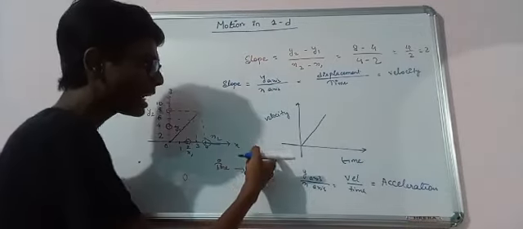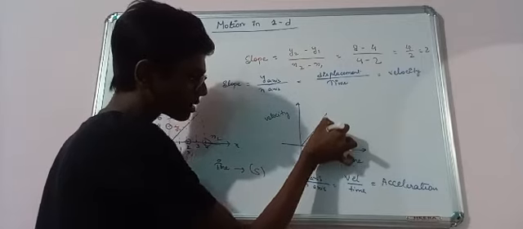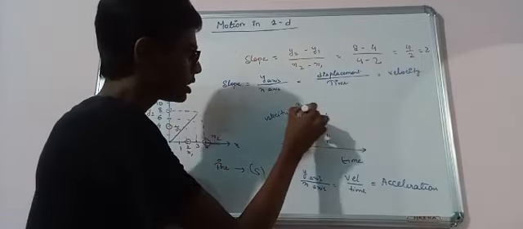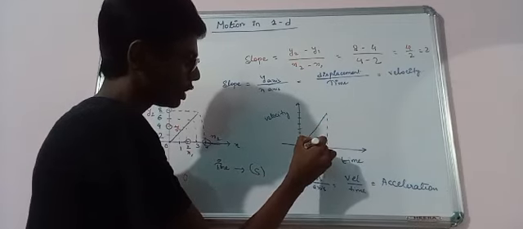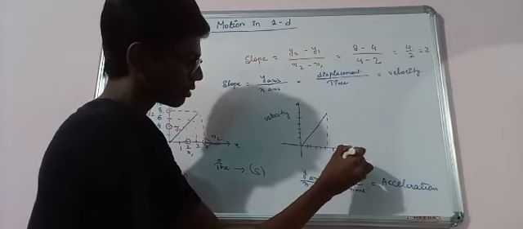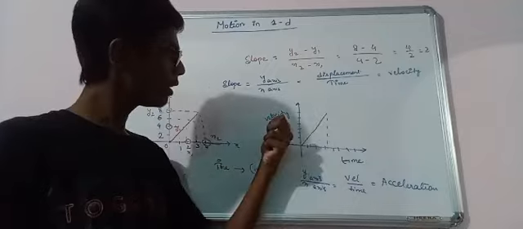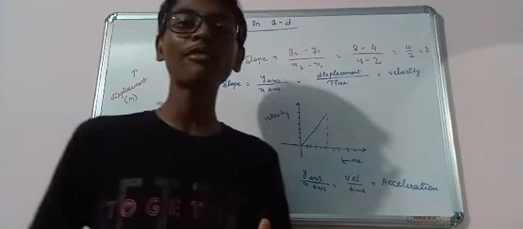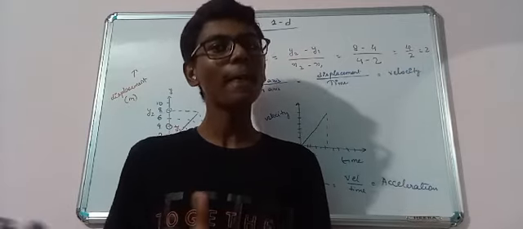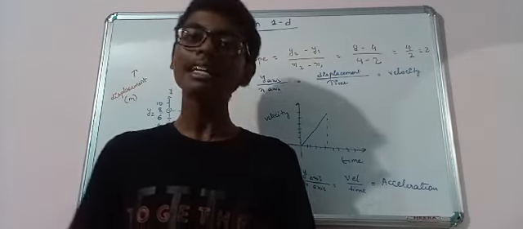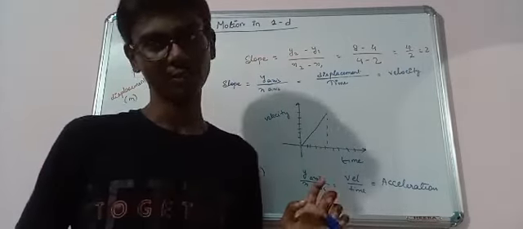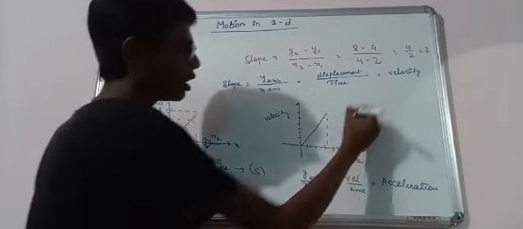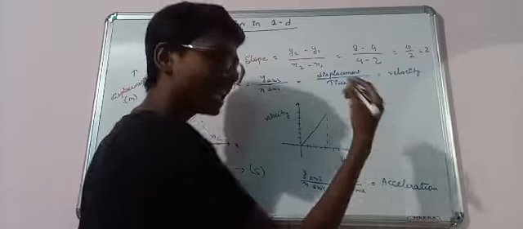Now, area is, suppose I am drawing a line like this. Obviously, you will have values here. I am not writing any value. You will have values here also. So if you are finding the area, it is the mathematical formula that you have to apply. In maths, you apply the formula for area. Same formula you have to apply here. What is this? This is a triangle, right? What is the formula for the area of a triangle?